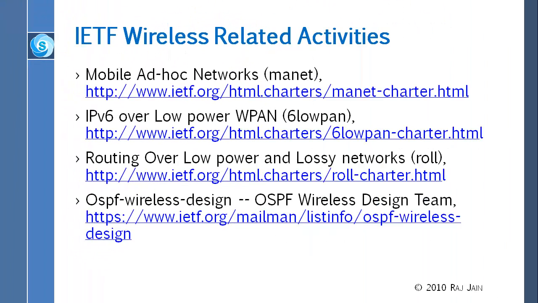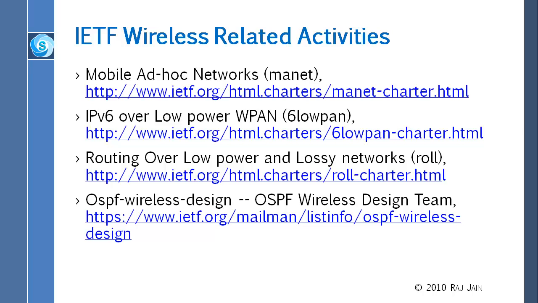Now, in addition to mobile IP, there are other IP issues that we don't think we are going to discuss. We may not have time. But on IP layer issues, there are 4 other groups working on wireless-related issues. One of them is called MANET, Mobile Ad Hoc Network. Ad hoc is the opposite of infrastructure, so there is no base station, and those groups are developing routing for ad hoc networks.